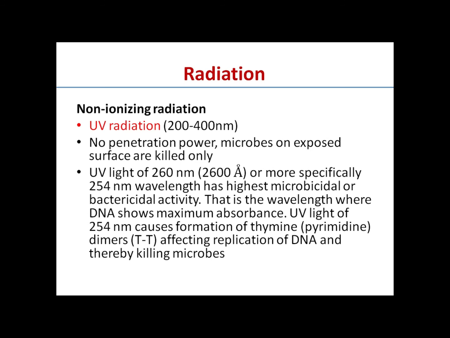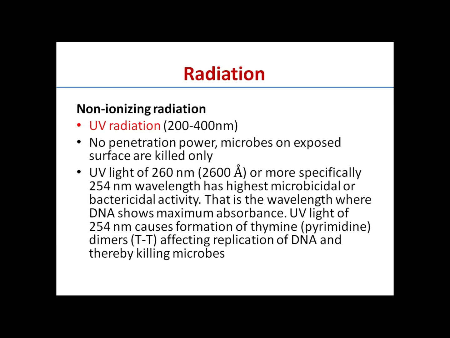Now UV light has a range of wavelength 200 to 400 nanometer, but UV light of 260 nanometer, or to be more specific 254 nanometer wavelength, has the highest microbicidal or bactericidal activity. At this wavelength of 254 nanometer, the DNA of the microorganisms shows maximum absorbance.